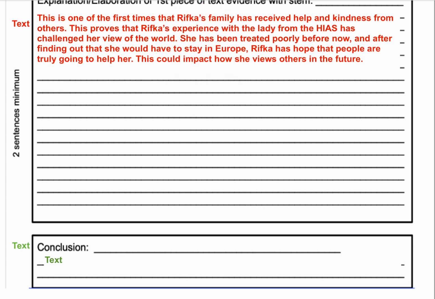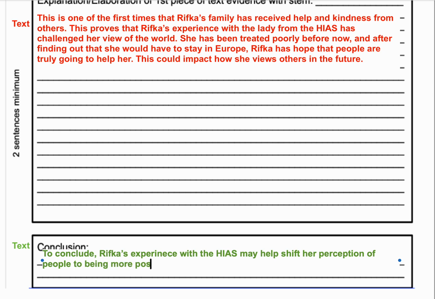So I'm going to write, or you can write in conclusion, to conclude, comma, Rifka's experience with the HIAS may help shift her perception of people to being more positive, okay?